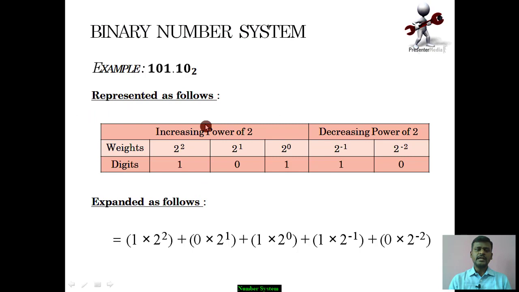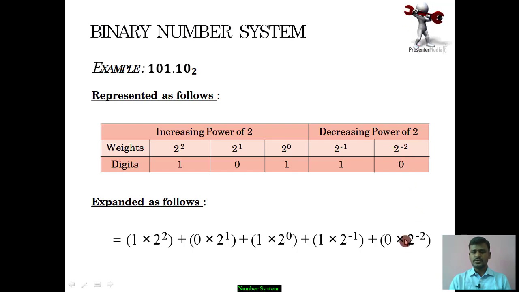Now we will expand the equation using this table. Below is the expansion. We can write 1 multiplied by 2 raised to 2, plus 0 multiplied by 2 raised to 1, plus 1 multiplied by 2 raised to 0. Then the decreasing power values: 1 multiplied by 2 raised to -1, plus 0 multiplied by 2 raised to -2.